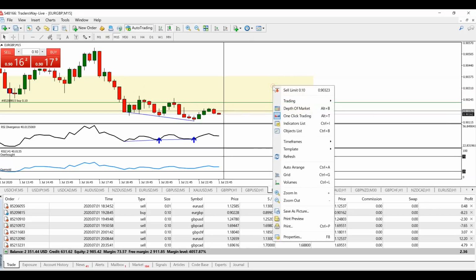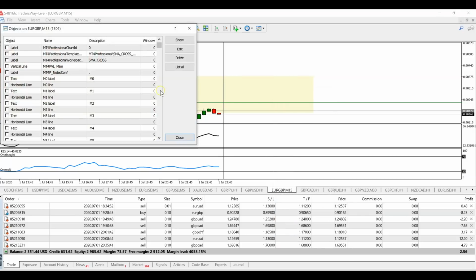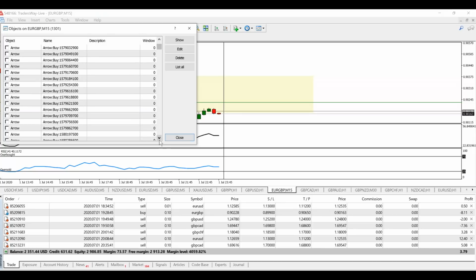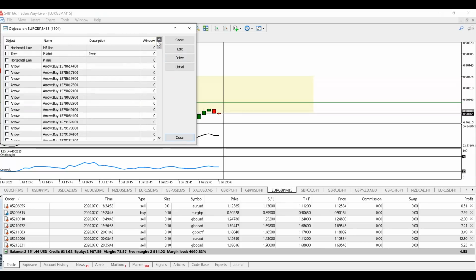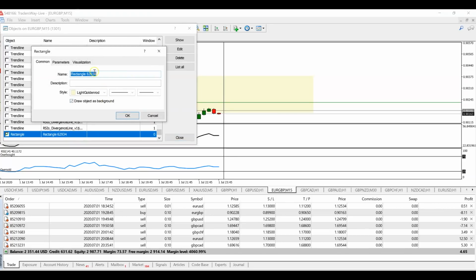And let me actually go in and, let's see, objects list, with my rectangle. There it is. Say parameters. And let's see that value.